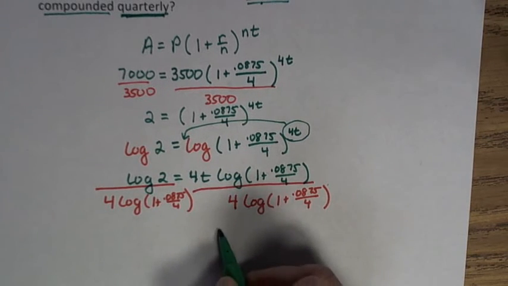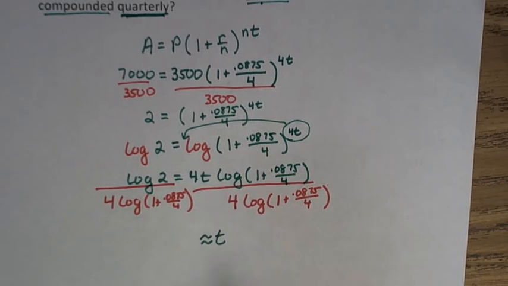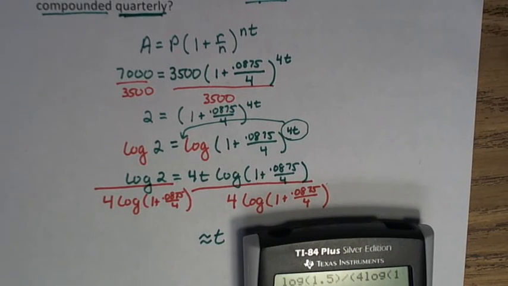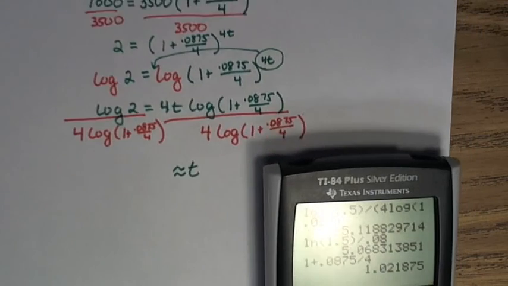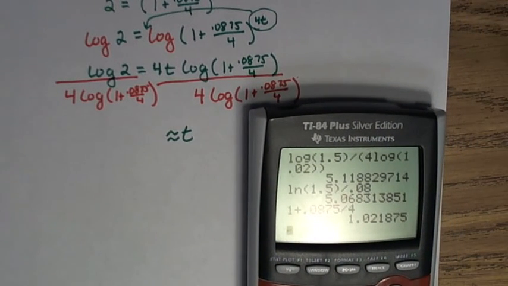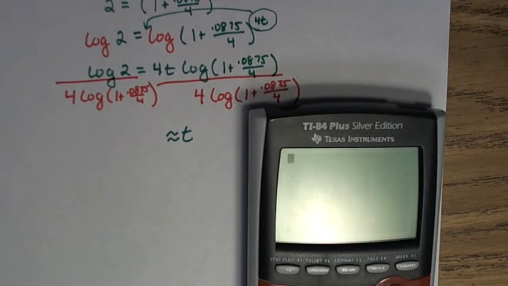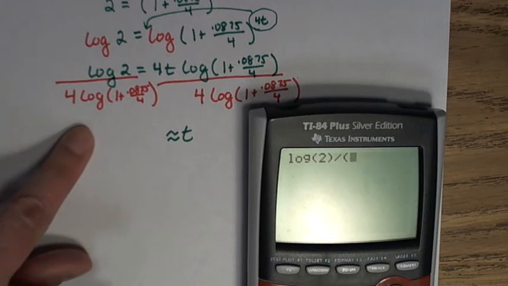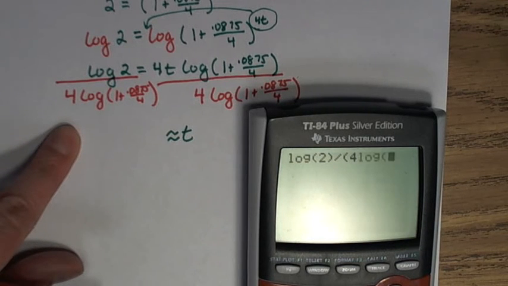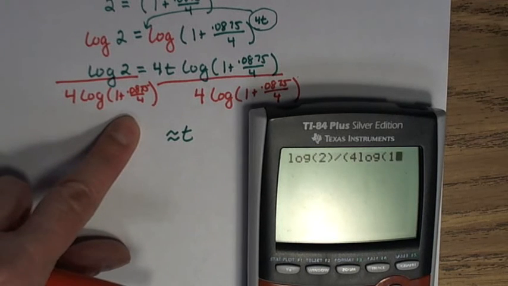And the final step is to just calculate this. And I'm going to get an approximate answer. So I'm going to come over here and compute this into the calculator. Let's clear the screen. And I'm going to look at log of 2 divided by, again, remember to put this in parentheses, 4 log of, and now I'm going to enter in this calculation, 1 plus 0.0875 divided by 4.